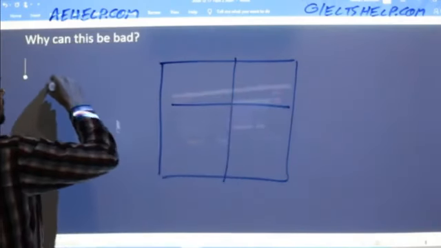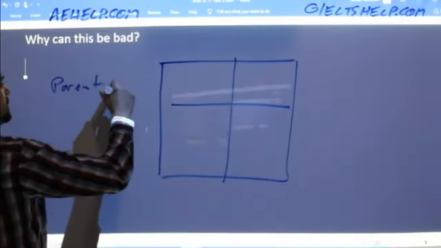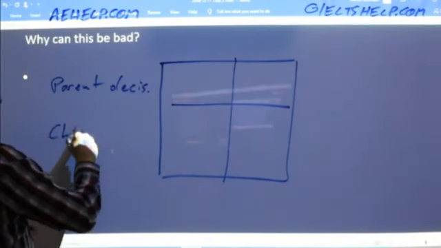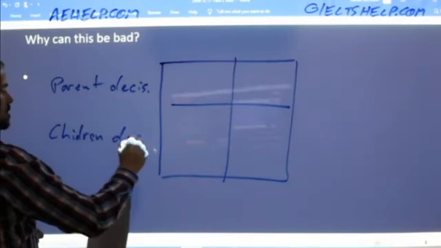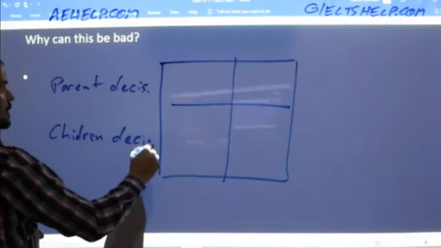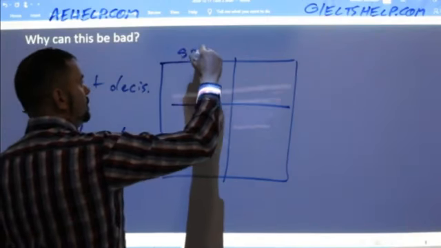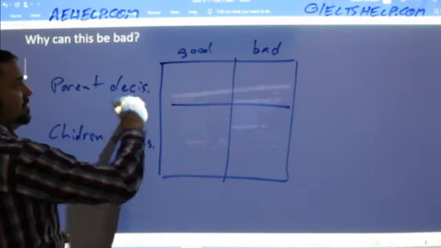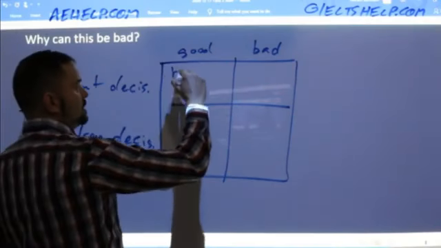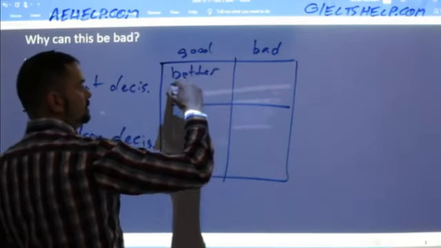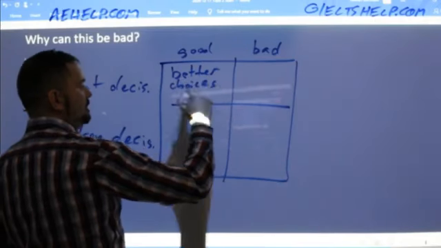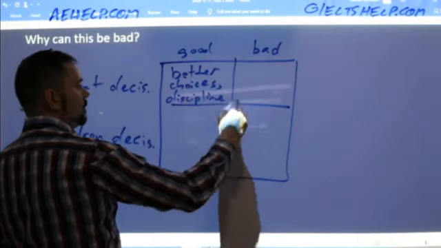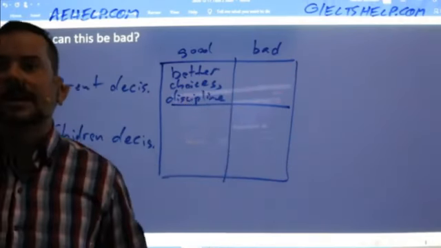And you have parent decision, okay? And you have children decision, okay? And you have good, and you have bad, okay? And the parent decision, the good, is better choices. And you have discipline, okay? And then what's the bad?